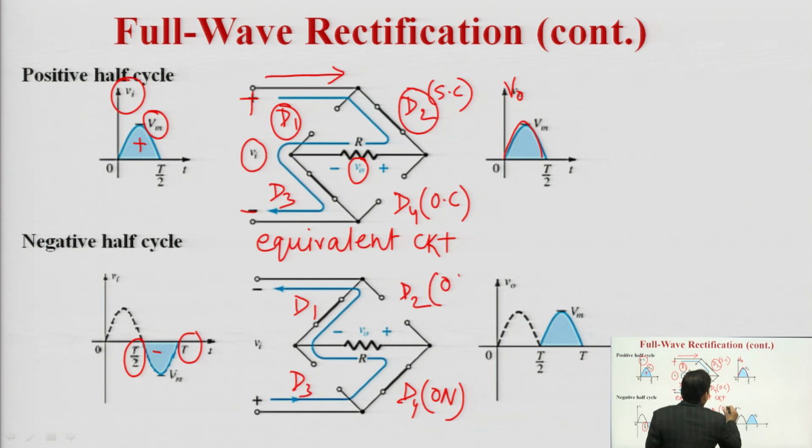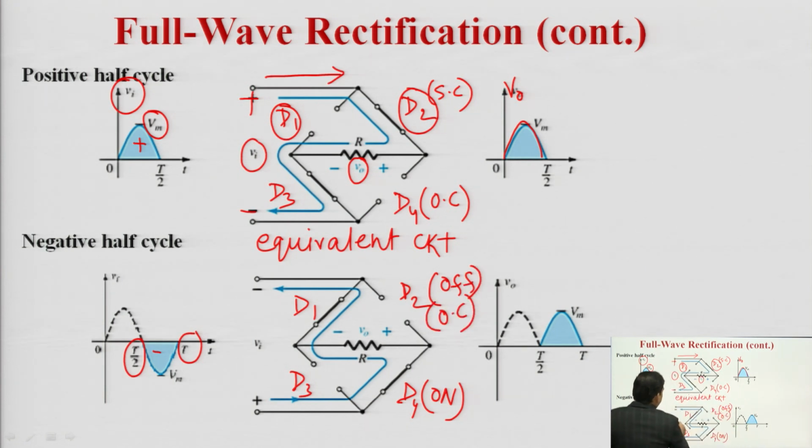Non-conducting means off, and off means open circuit. Now the direction of current will be opposite, something like this. Again, if we measure the output voltage across the resistance R, this output voltage V0 is the same as Vi.